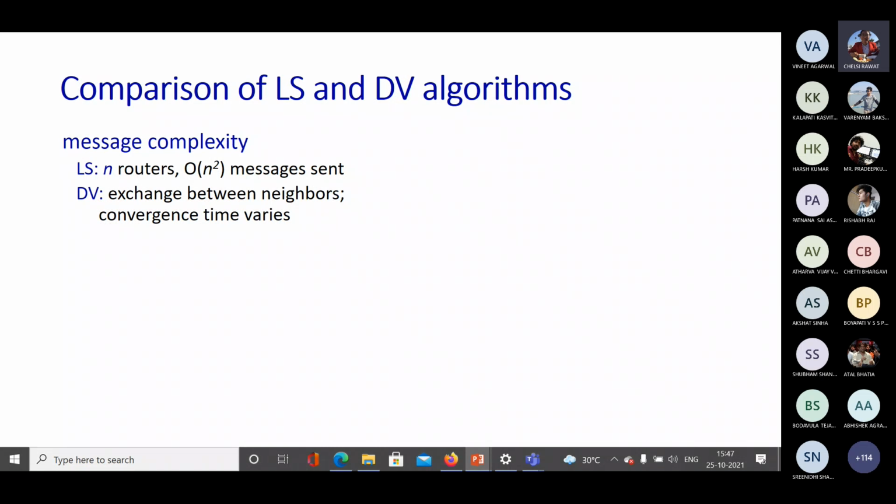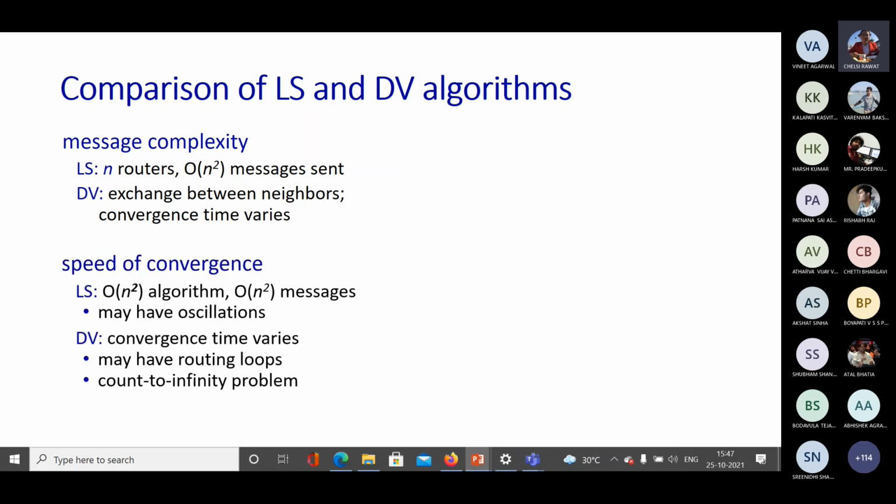Okay, so if we have to compare the link state and distance vector algorithms, then what do we know? For link state algorithms, we have n routers, and O of n square messages are required to be sent. Whereas in distance vector algorithms, there is an exchange of distance vector estimates between different neighbors, and their convergence time varies.